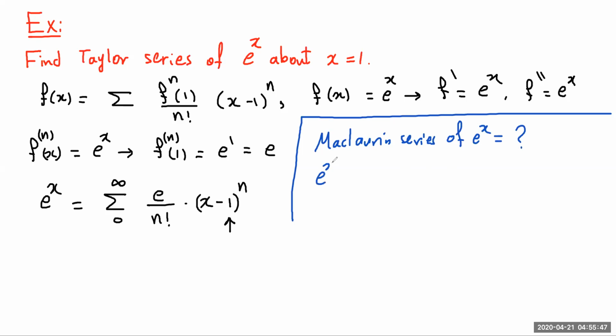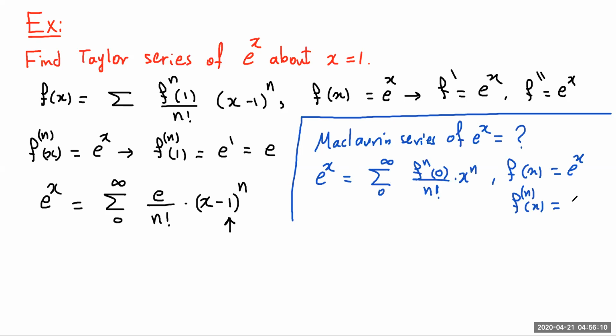So e power x will be sigma, the derivative of order n of the function at 0 over n factorial times x power n from 0 to infinity, and f(x) here is e power x. So what is the derivative of order n of f(x)?